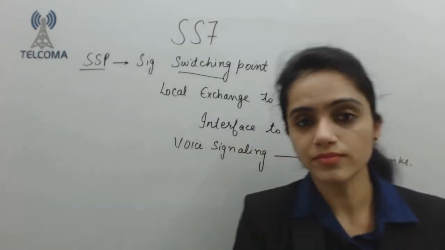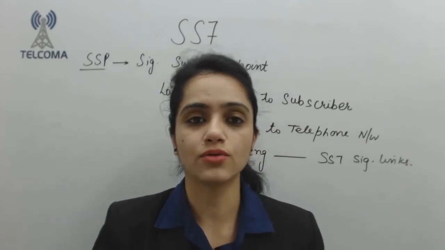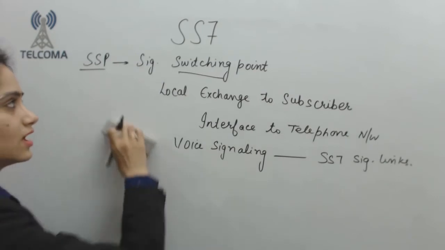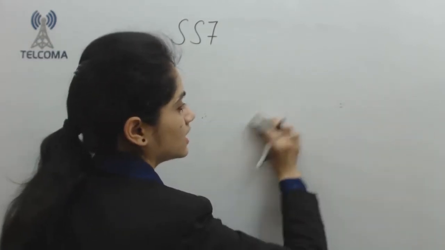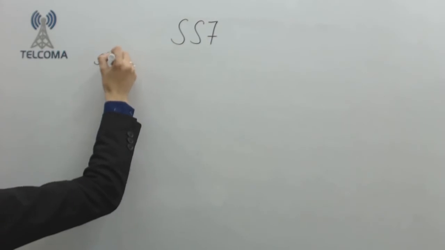That means it performs the conversion of the signaling messages so that it can be forwarded to the various databases. Now next one, after SSP, which is the switching point, which acts as a local exchange and performs the function of the switching. Now next we have STP as a signaling transfer point.